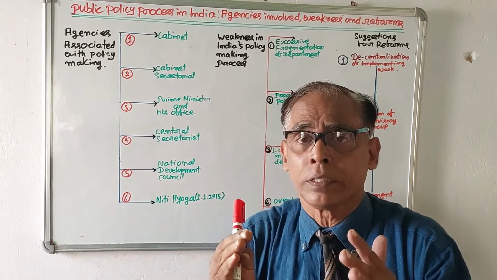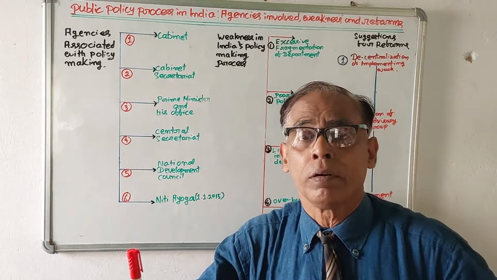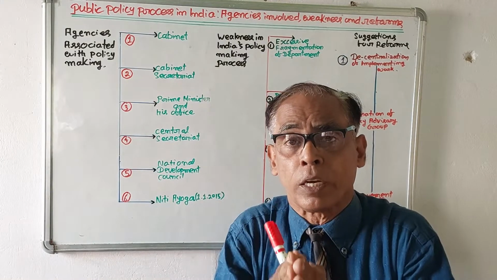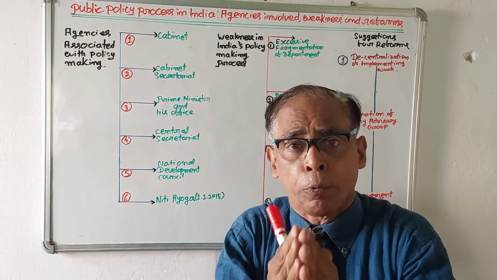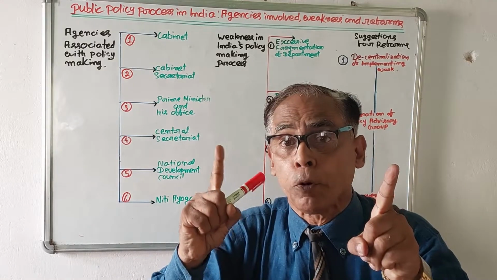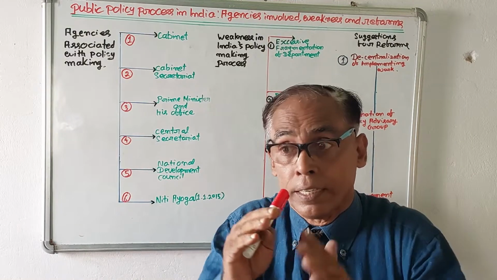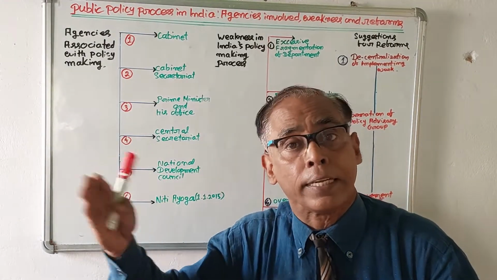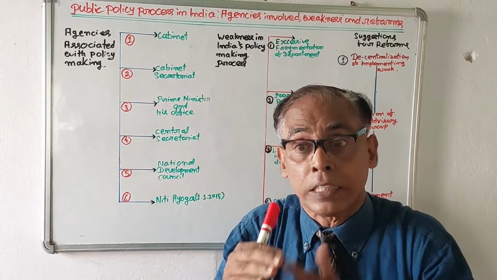Before we discuss how public policy is made in India, we must be clear about the meaning of public policy. Public policy is a combination of two words, public and policy. The word public means it relates to people in general, and policy means decision of the government.